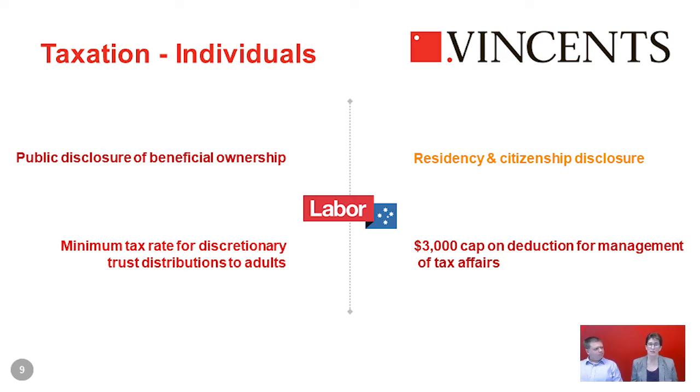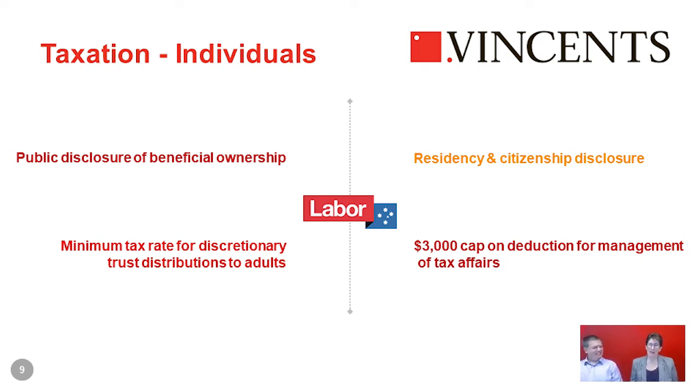It doesn't apply to unlisted entities, but it may only be a matter of time before we have to list who the beneficial owner is of a particular entity. At the moment, there is no requirement to list who the beneficial owner is for either listed or unlisted entities. Geez, that'd get hard with super funds. It would, yeah, exactly right.